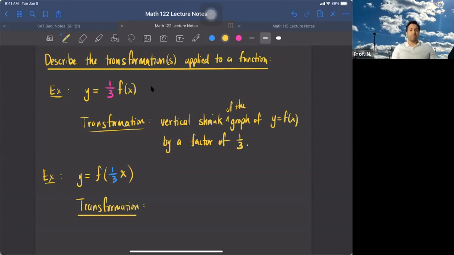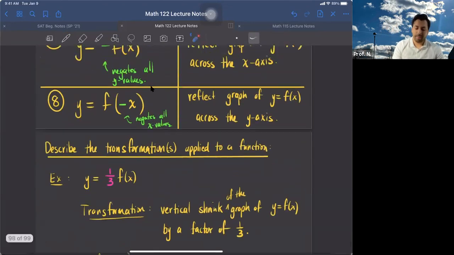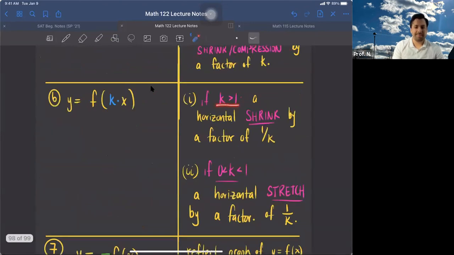So what would be the transformation if I have the 1/3 inside? Horizontal. People say stretch and compression, so you have to compare what number is 1/3. Is 1/3 bigger than 1? No. Is 1/3 between 0 and 1? Yep. So it's a stretch.